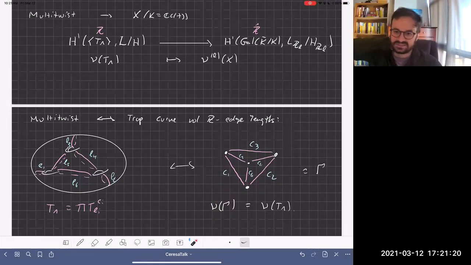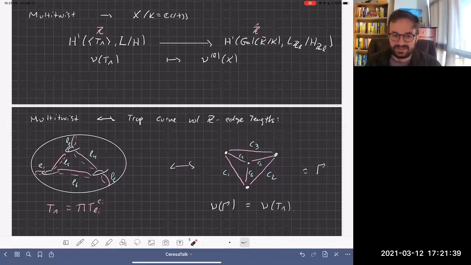And so this could seem perhaps a little bit disappointing because the original Ceresa cycle itself, I believe, is known to be non-torsion as a cycle for a very general curve.